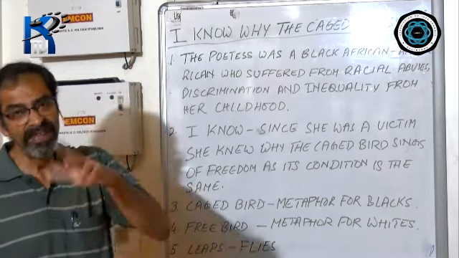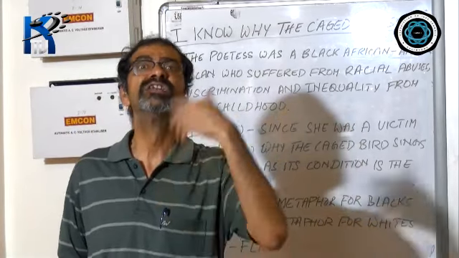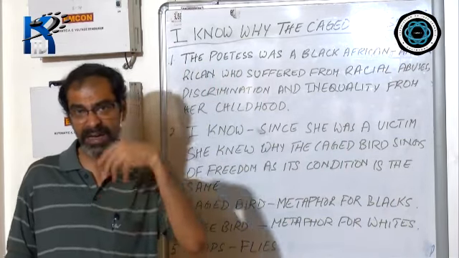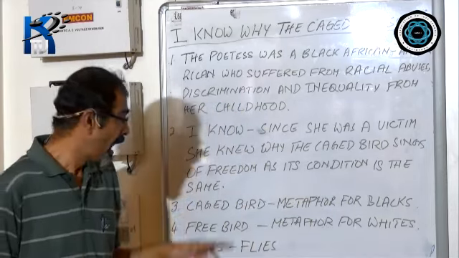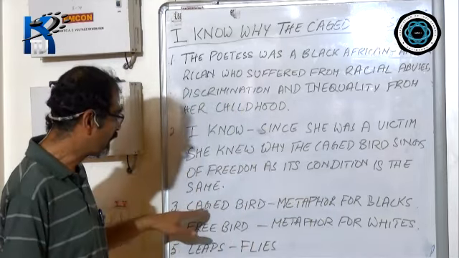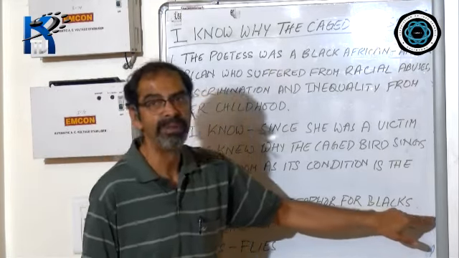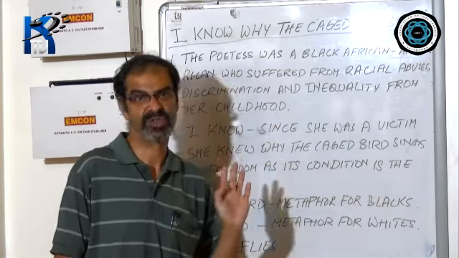Now, in this poem, you will see the poet is using a contrast. The contrast between a caged bird and a free bird. Actually, in the poem, the caged bird is a metaphor for the black people. Caged bird stands for the blacks.